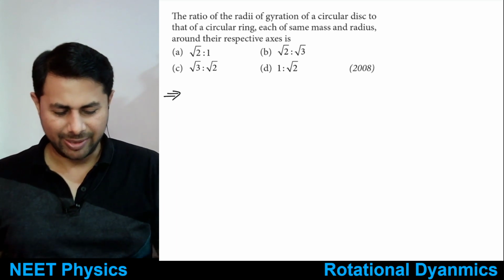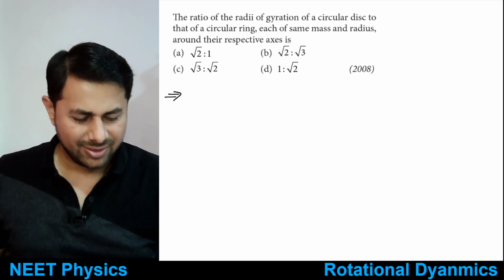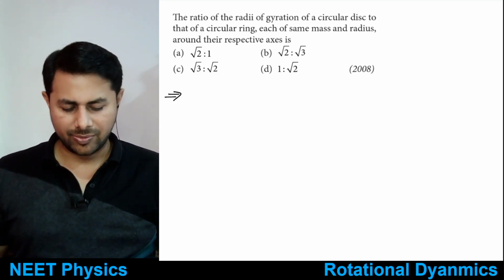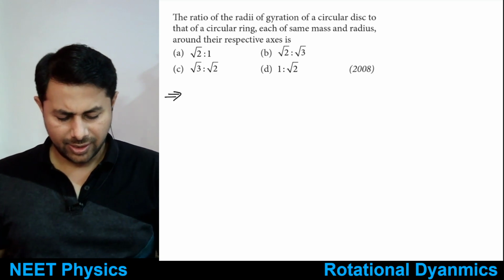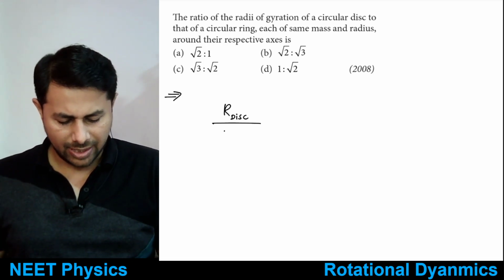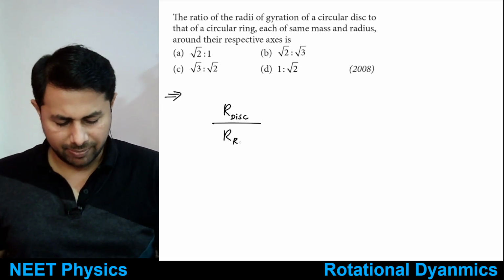Okay, that is the respective axis. So the ratio of the radius of gyration of the circular disc, so r for the disc, to that of r for the ring of the same mass.